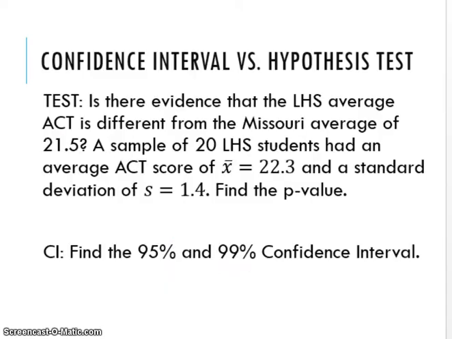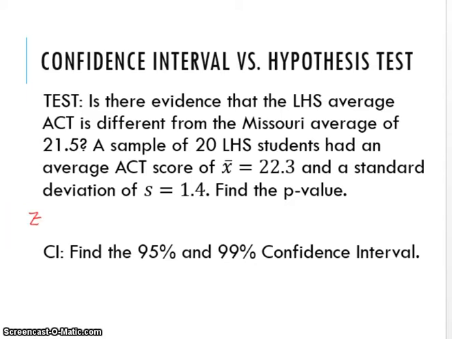All right, here's the test we're going to run. Is there evidence that the LHS average ACT is different from the Missouri average of 21.5? A sample of 20 LHS students had an average ACT score of 22.3 and a standard deviation of 1.4. Find that p-value.